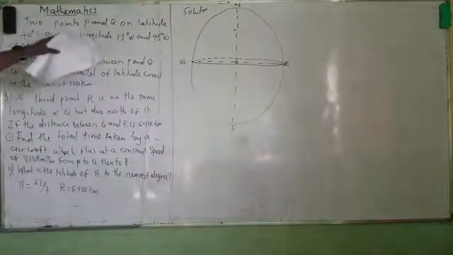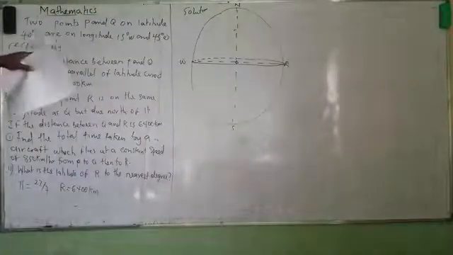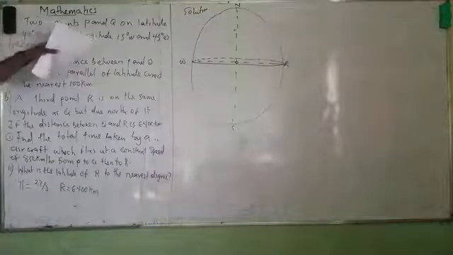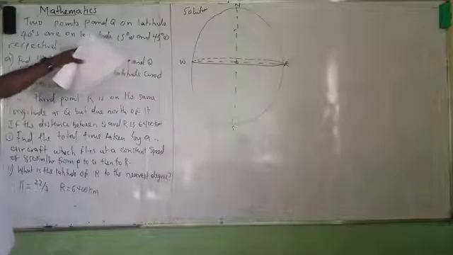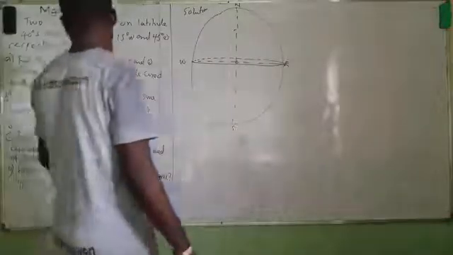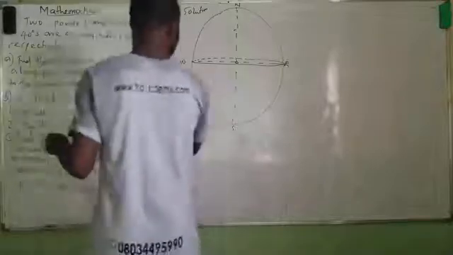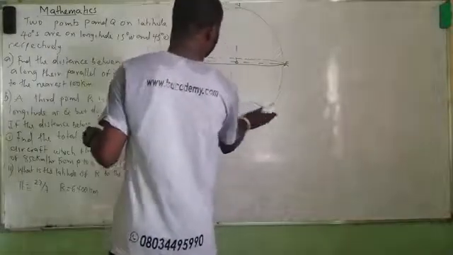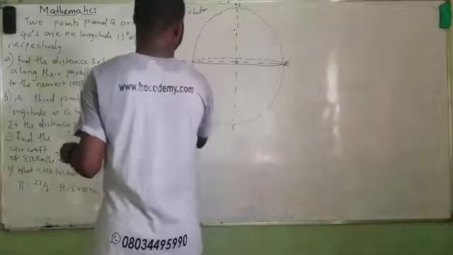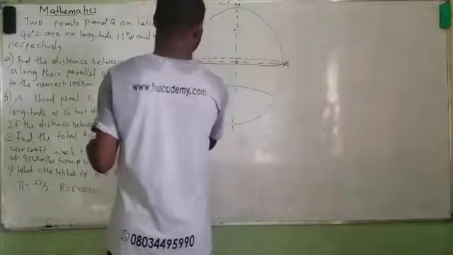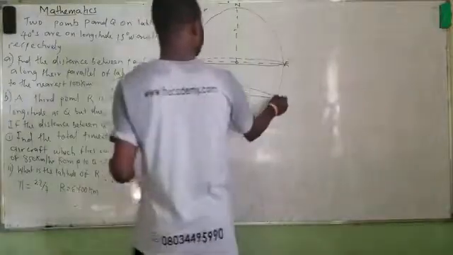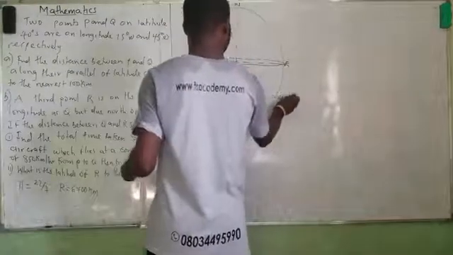Now, the question starts with two towns P and Q on latitude 40 degrees south, on the longitudes of this. 40 degrees south should be around there. I'm just sketching anyway. Now I'll call this place 40 degrees south.